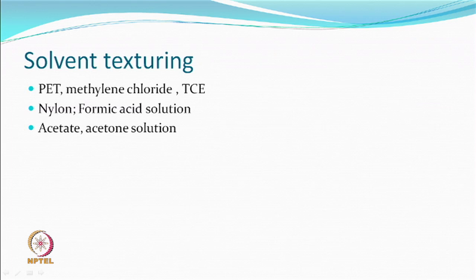As I said, take the filament, do the twisting, take the Lee, put it in a solvent for a certain period of time, remove the solvent either by drying or by a non-solvent, and then untwist, and you get beautiful effects. But obviously, the time required here is not 0.1 second or 0.2 second, the time required could be in minutes or seconds, but this time, as we know, can be changed if you increase the temperature.